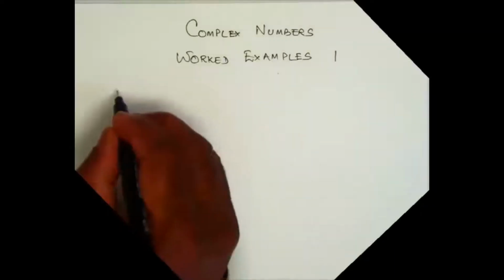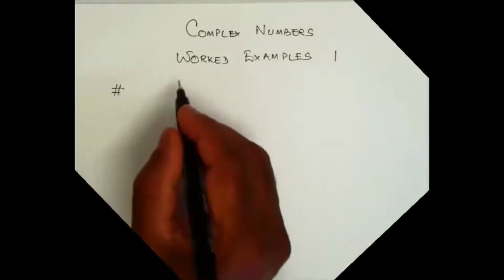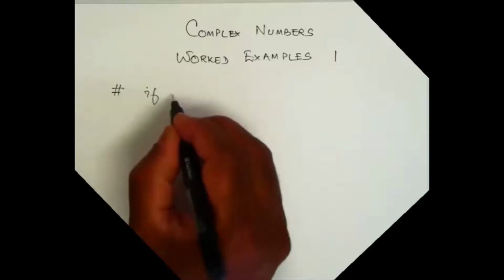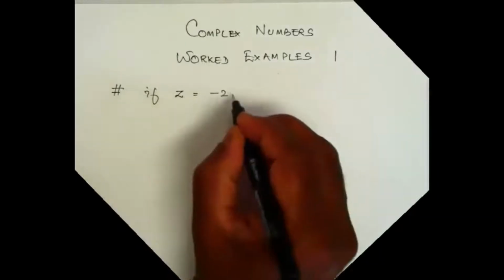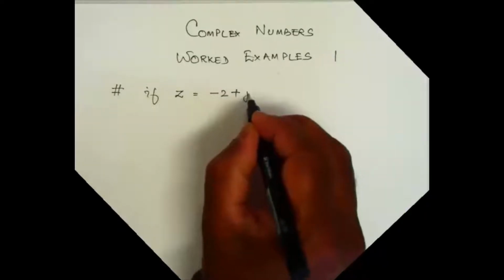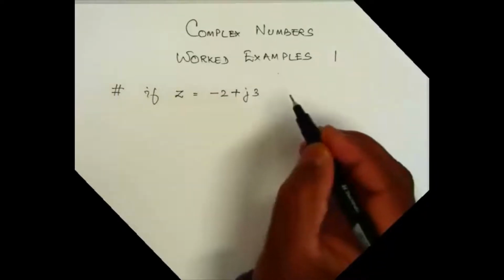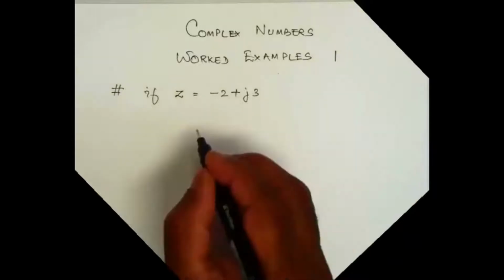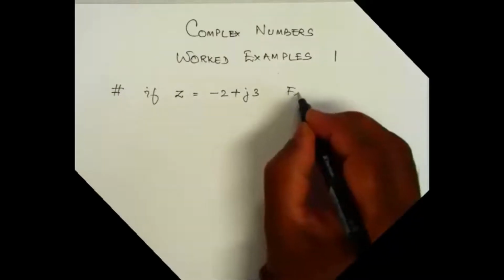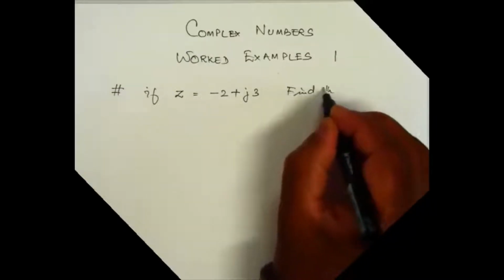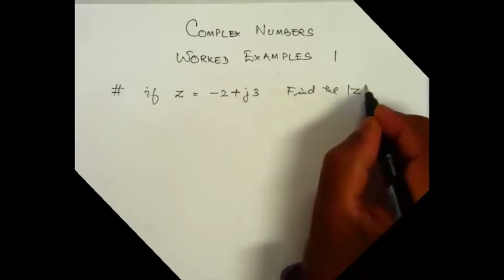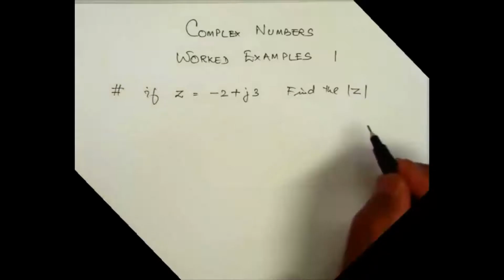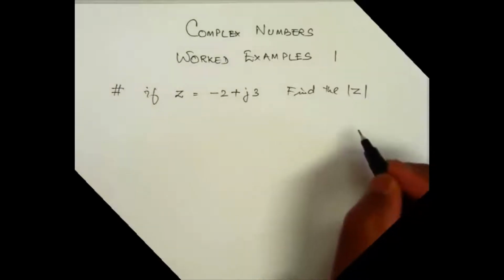The first one: if z is equal to -2 plus j3, find the argument, or say find the modulus of z.